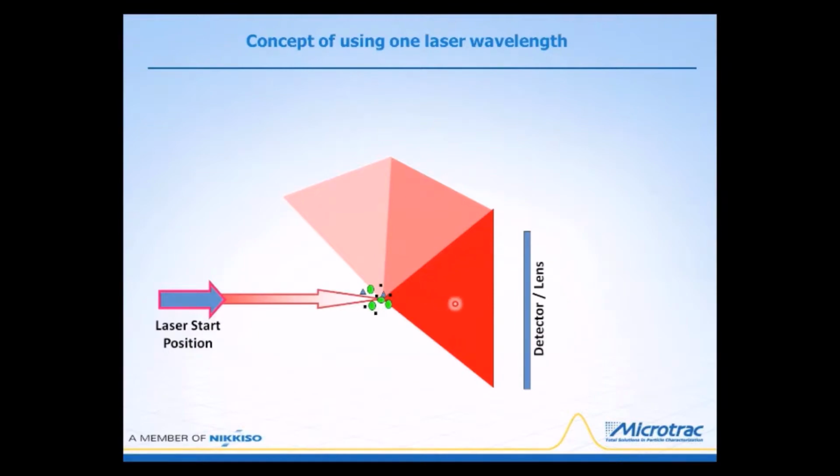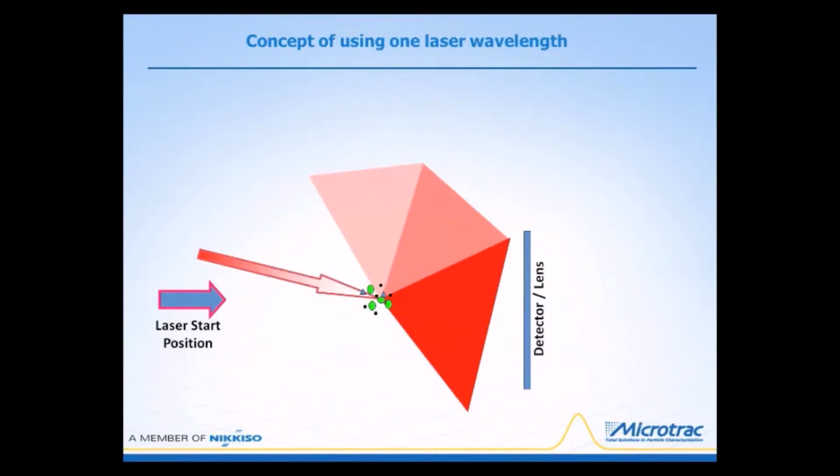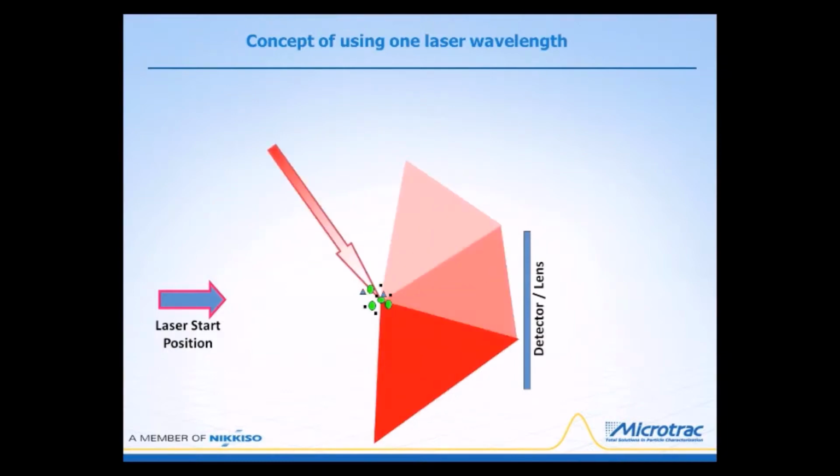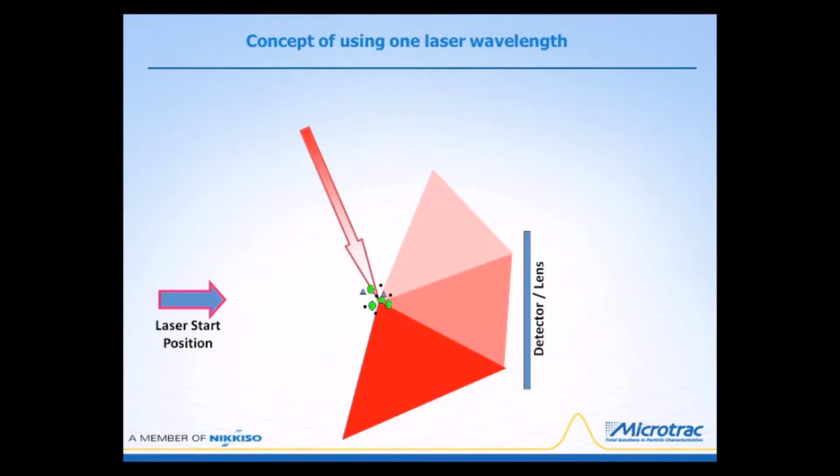Now, this would represent the coarser particles, but we're losing all the information that we need to view the finer particles. One way of approaching this is to relocate the laser and put it in different positions. As I rotate the position of the laser, I'm at the same time swinging the light scattering pattern onto the detector system.